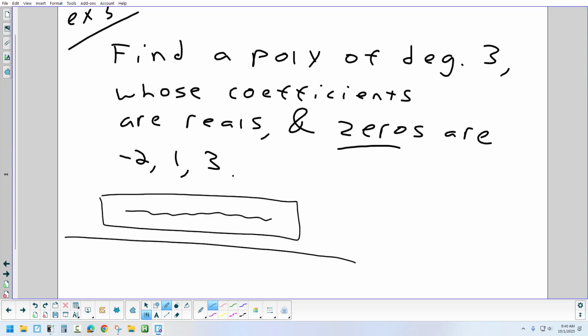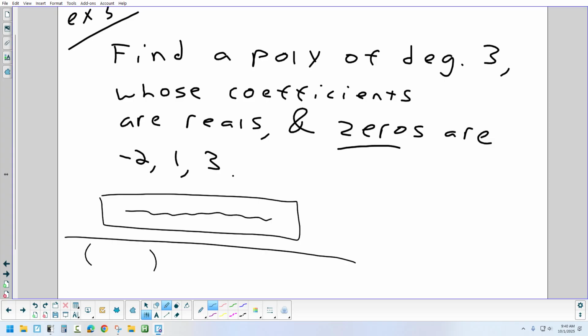Okay, let's start with the negative 2. You need to give me something in this box that if you plug negative 2 into it, it would come out to an answer of 0. Now remember, if you plug in a number and you get a 0, that would be your remainder 0.